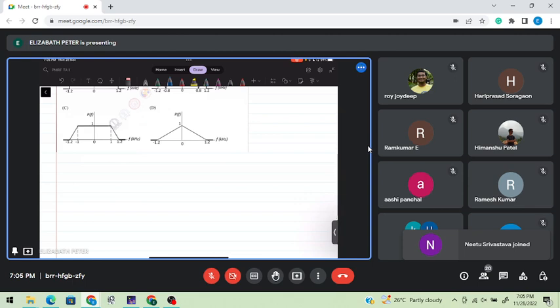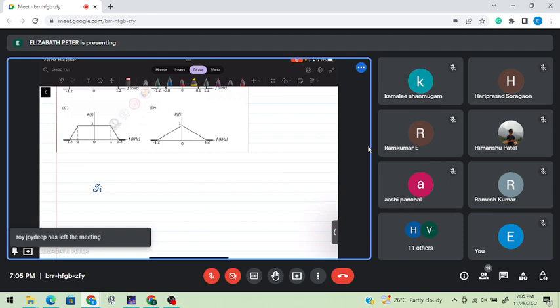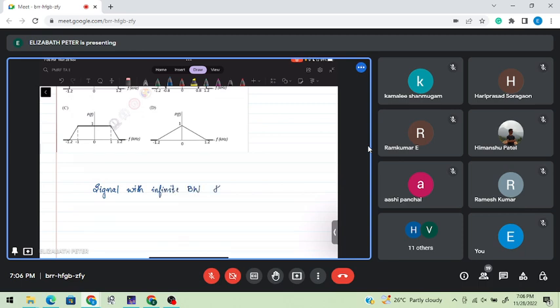Say I am sending a signal with infinite bandwidth through a channel which is having finite bandwidth. Then what happens to my signal?